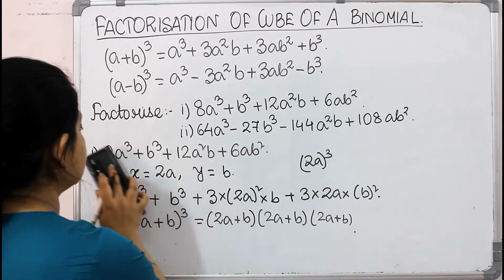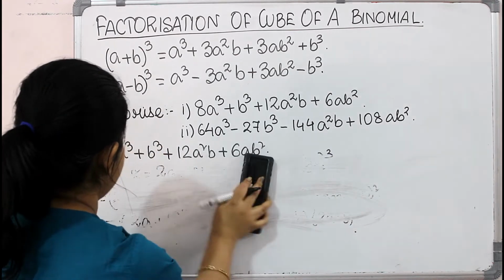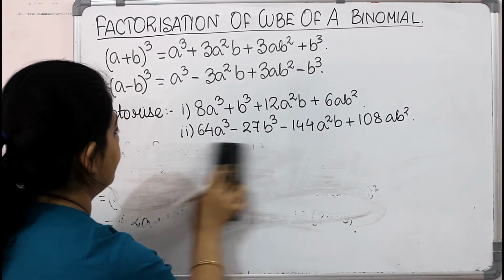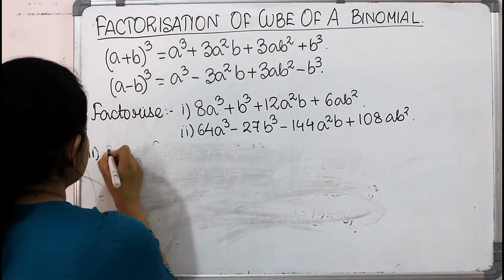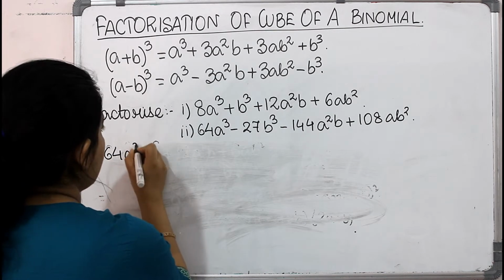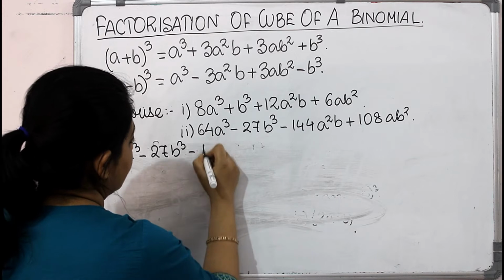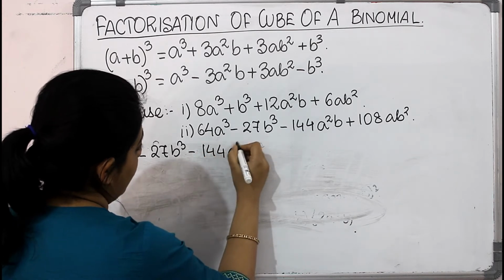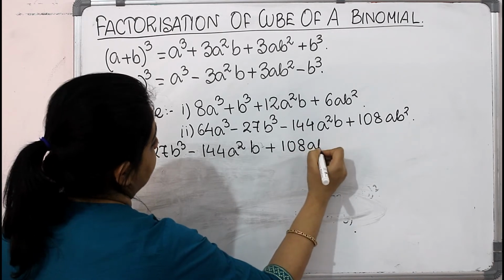Now the second sum. The second sum is 64a cube minus 27b cube minus 144a square b plus 108ab square.